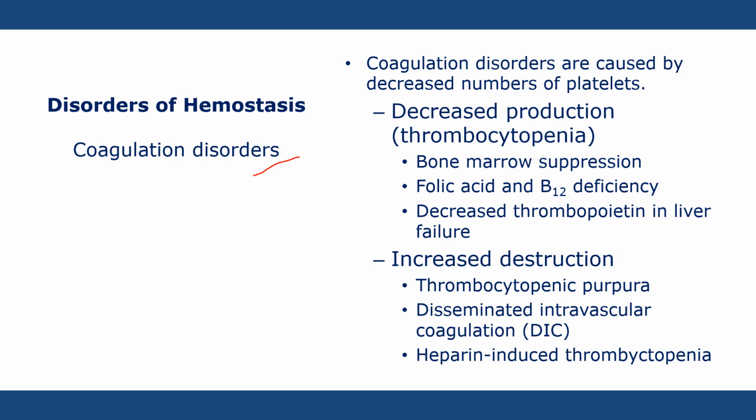Now that's one reason a patient may start bleeding, and the second cause could be increased destruction. So maybe the issue is not the production, but we are destroying platelets at a faster rate. Thrombocytopenic purpura or DIC. Or maybe it's due to medication the patient is on, like heparin-induced thrombocytopenia.